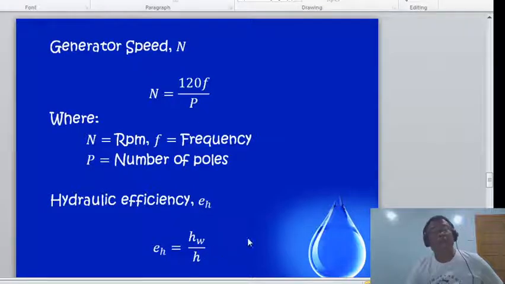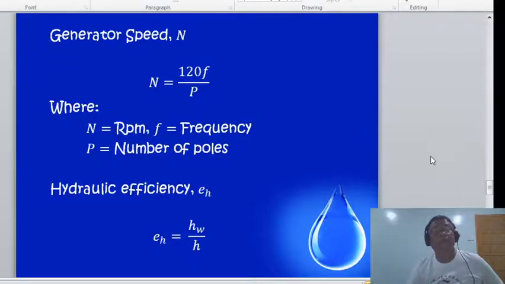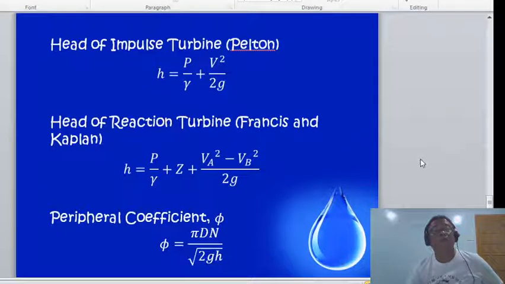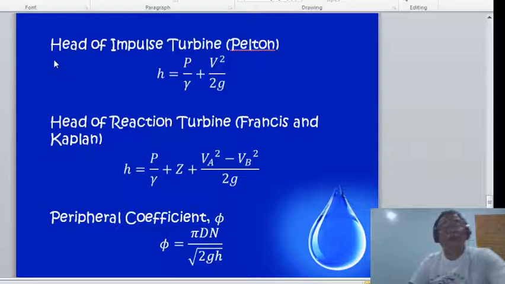Next, the head of an impulse turbine: H equals p over gamma plus v² over 2g. In computing the head, we have the pressure head plus the velocity head.